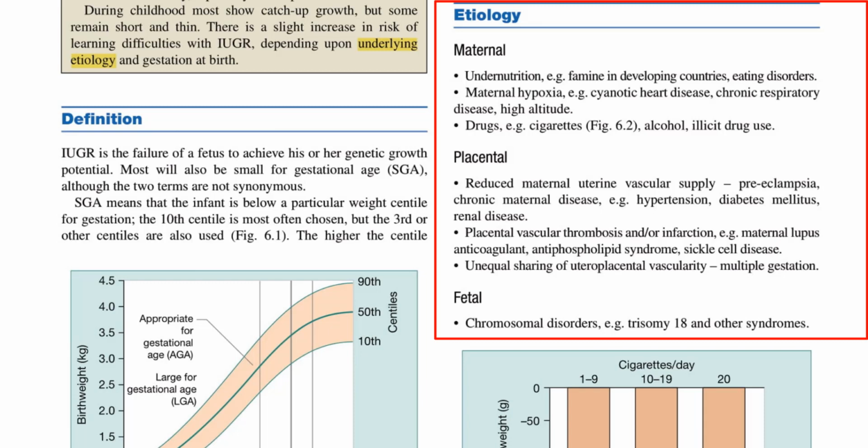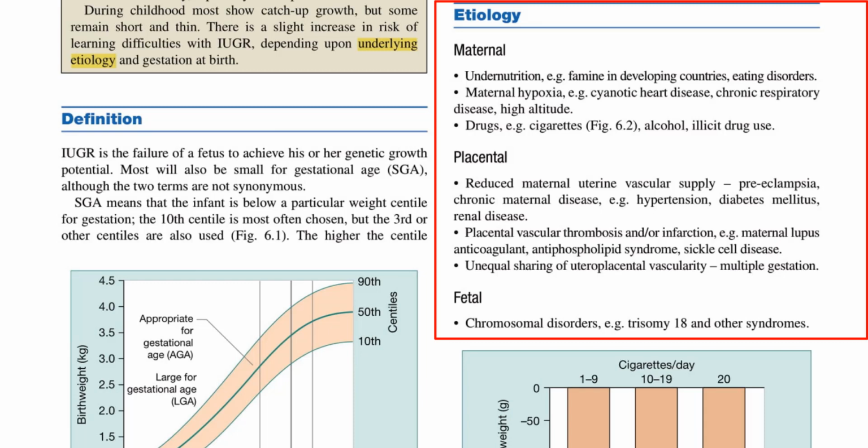Placental. Reduced maternal uterine vascular supply, preeclampsia, chronic maternal disease, for example, hypertension, diabetes mellitus, renal disease. Placental vascular thrombosis and or infarction, for example, maternal lupus anticoagulant, antiphospholipid syndrome, sickle cell disease.